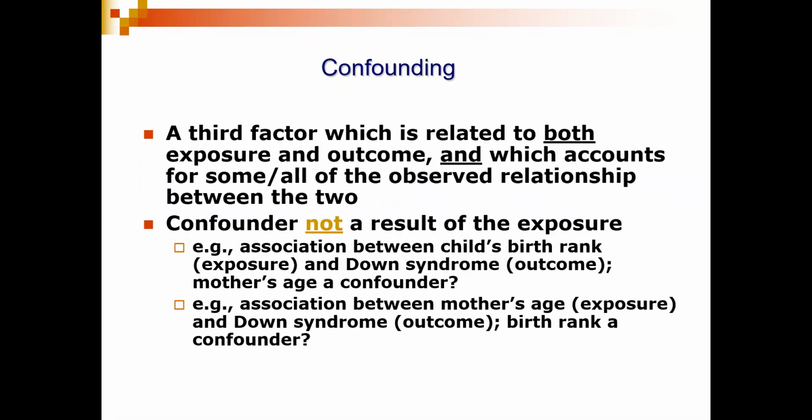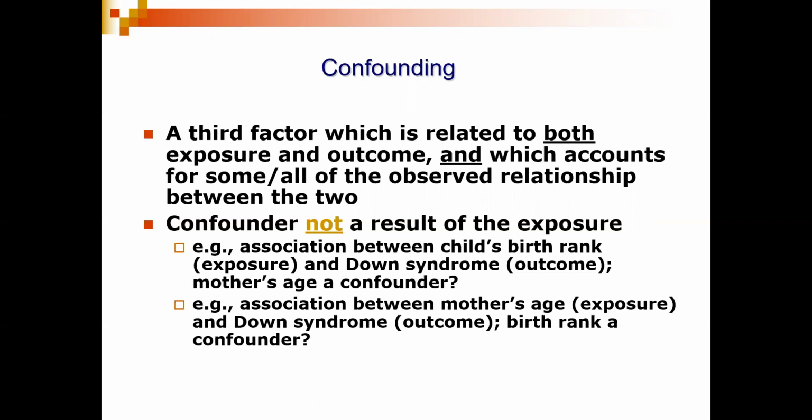What is a confounder? A confounder is a third factor which is related to both the exposure and the outcome, and accounts for some or all of the observed relationship between the two. Remember, one of the critical pieces of information is that the confounder is related to both the exposure and the outcome. By relationship, we mean association between the two, in this case our exposure and our outcome.